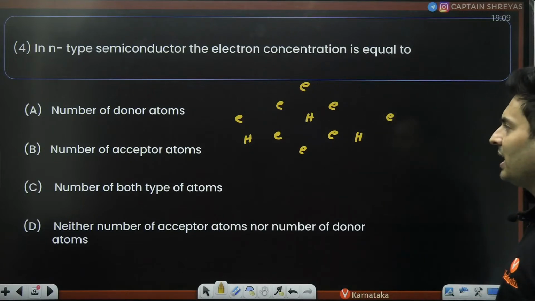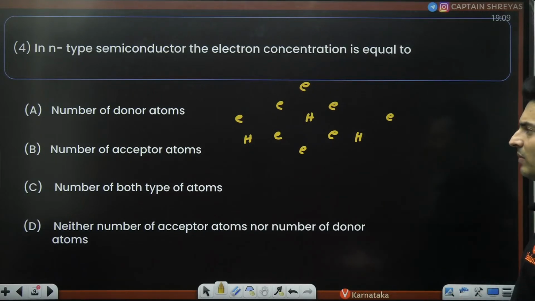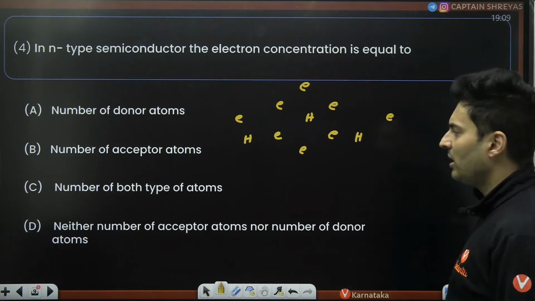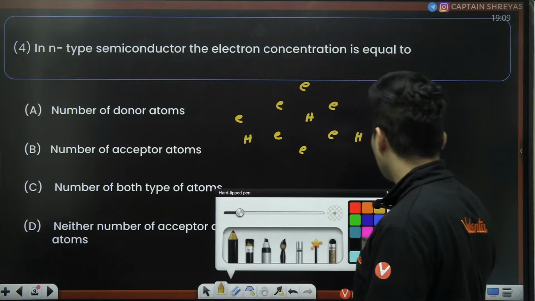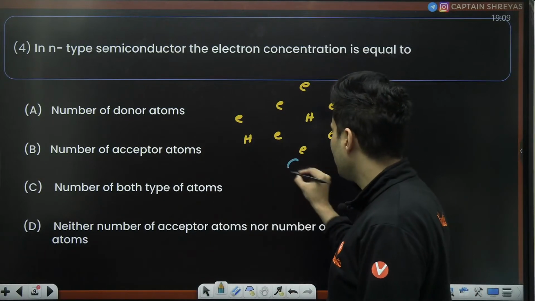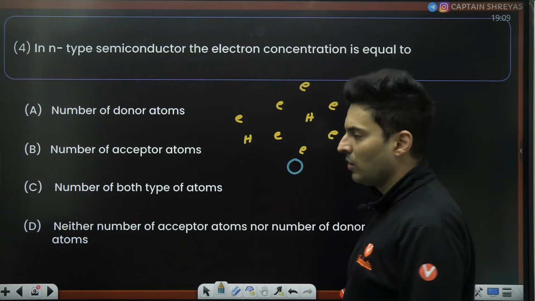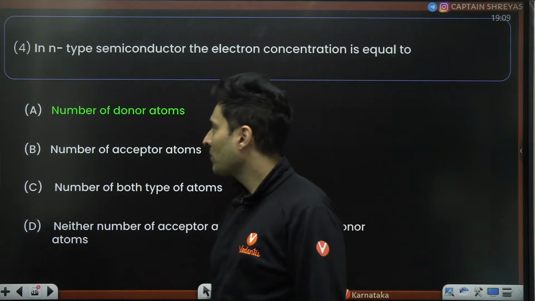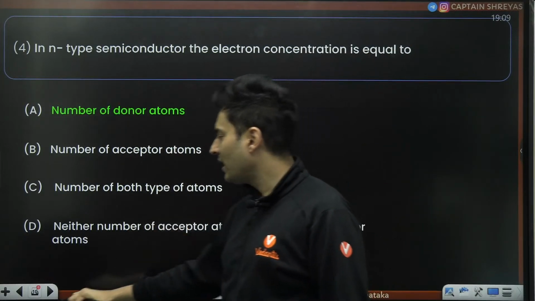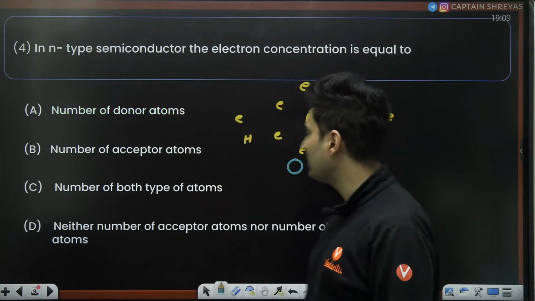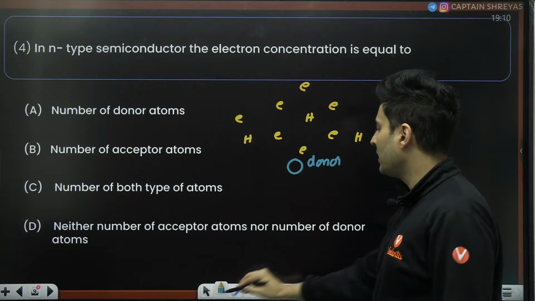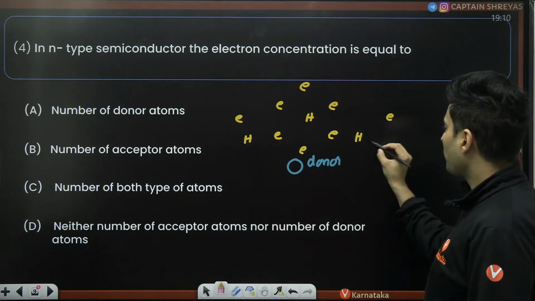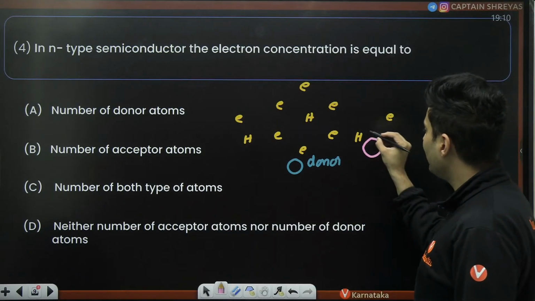And because of that, is it the number of donor atoms, acceptor atoms, both types, or neither donor nor acceptor? These electrons, where do they come from? Those atoms which have extra electrons. Extra means donor. Acceptor means they need electrons, as in the holes. So that is basically donor. Holes means there is a vacancy.